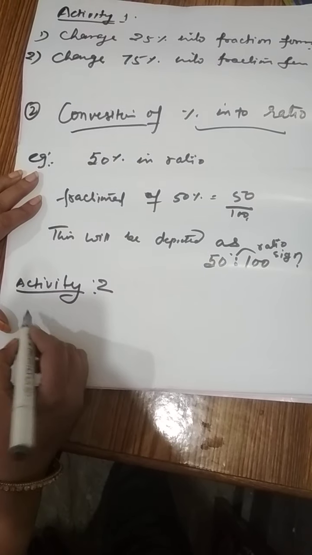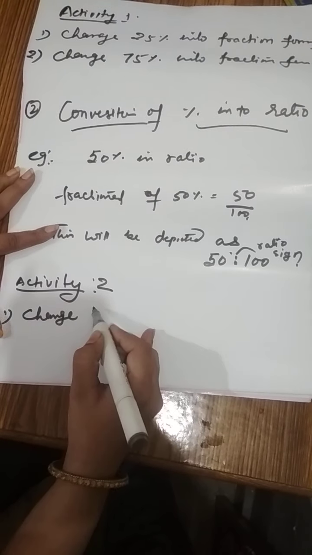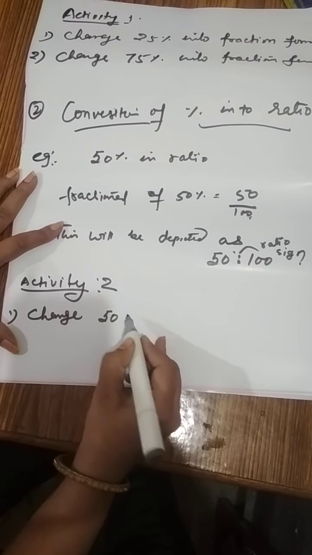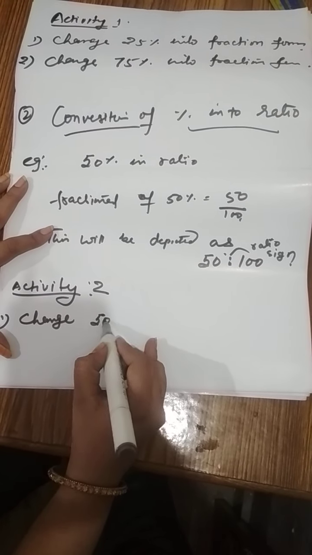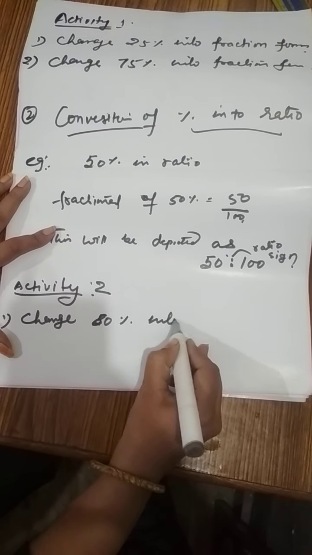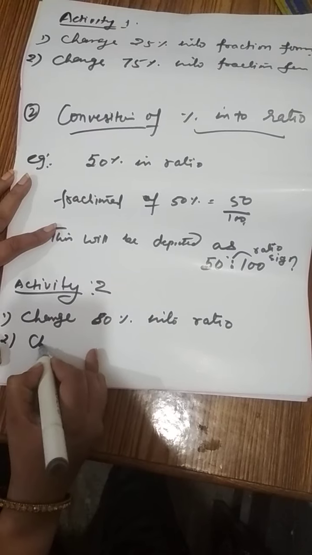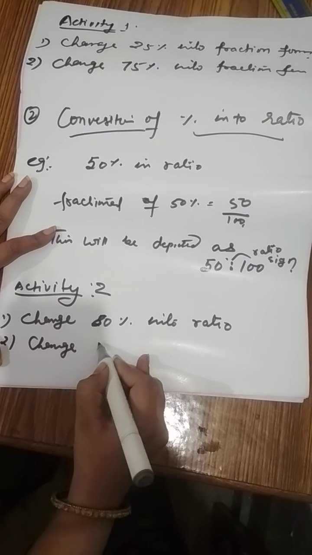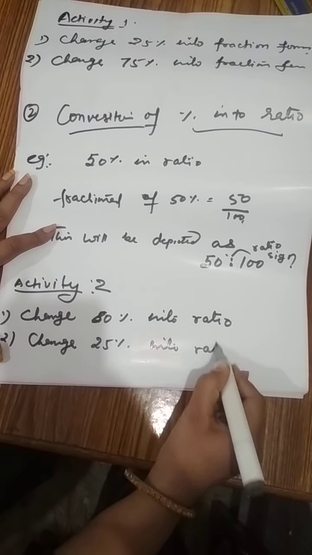Activity 2. Change 80% into ratio, and the second one is change 25% into ratio.